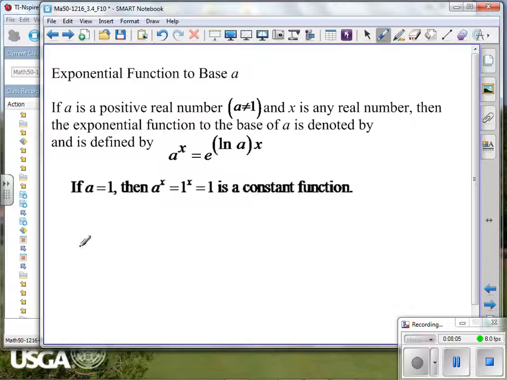Because then the next thing we do is take the derivative with respect to x of a to the x, and by using what we know about derivatives, we come up with the value of this derivative as a to the x natural log of a.